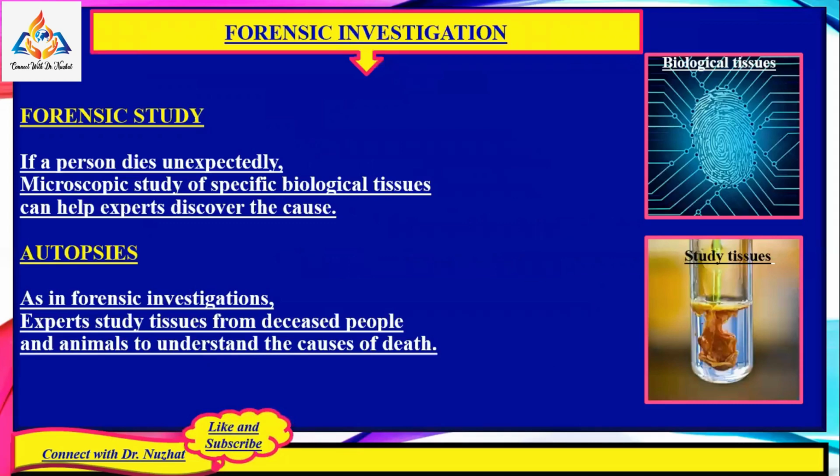Forensic investigation, forensic science helps authorities through the analysis of evidence collected from the crime scene. The results are then used to identify a suspect or determine if they committed a crime or not.